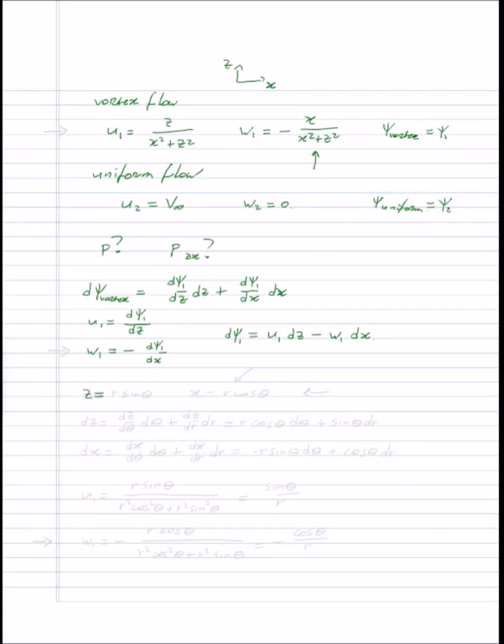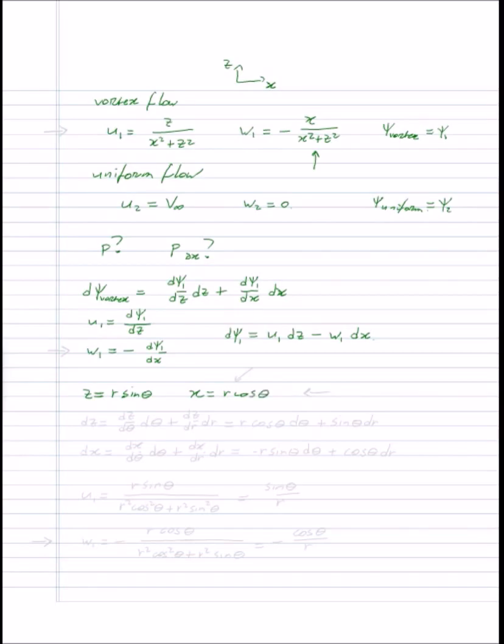So we first need to know what my dz and dx are in this expression for the psi 1. So z is given by r sine theta, and x is given by r cosine theta.